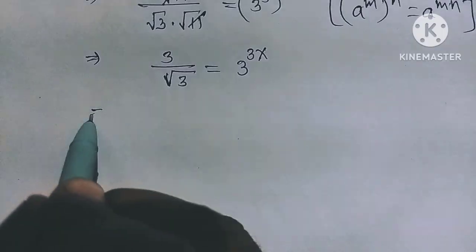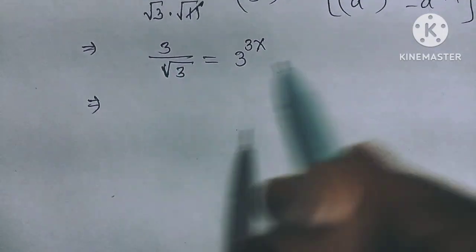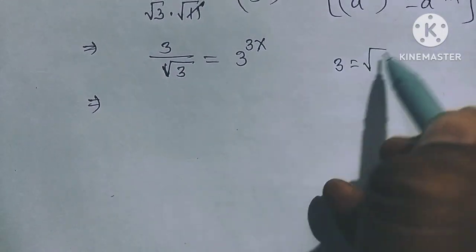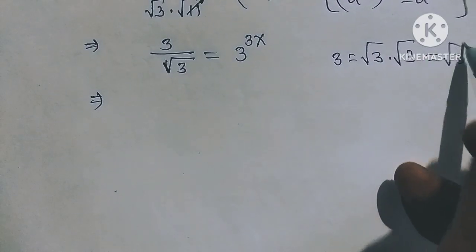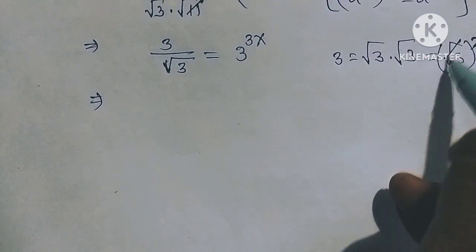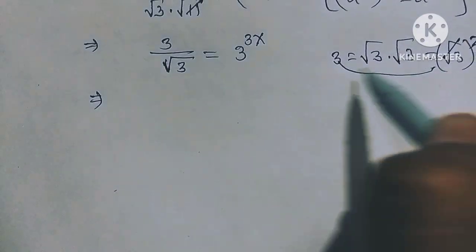Now 3 we can write as under root 3 into under root 3, that is under root 3 whole square. Square root removed, so we get this 3.